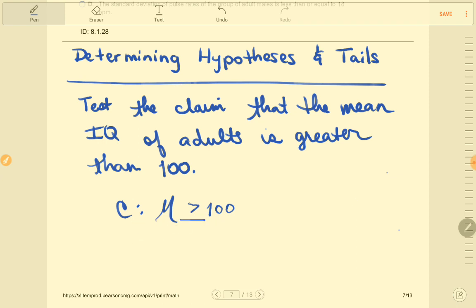So there's no equality in the claim, which means it becomes the alternative hypothesis. And as always, the null hypothesis uses the equal sign. That's the null hypothesis. The default that we want to try to prove might be false in order to support the claim.